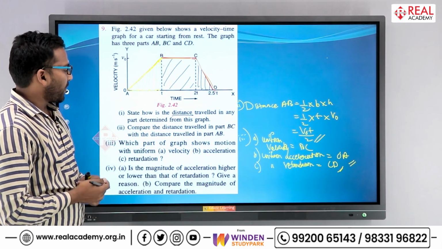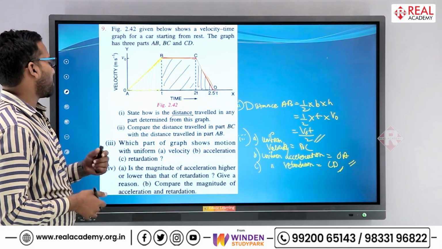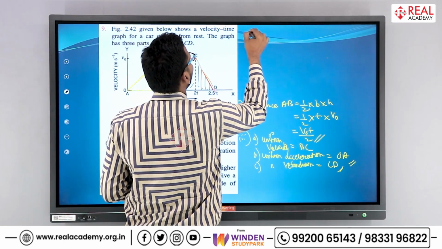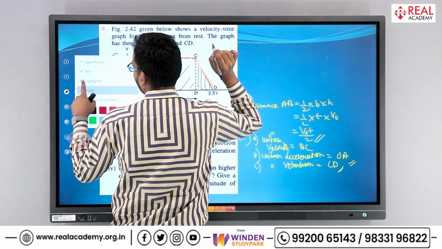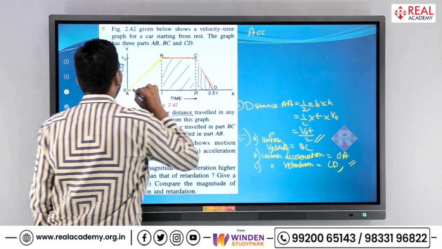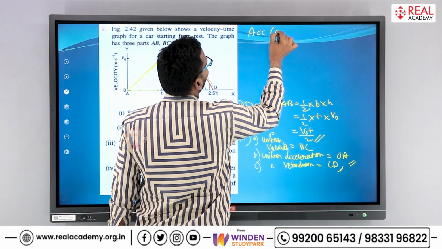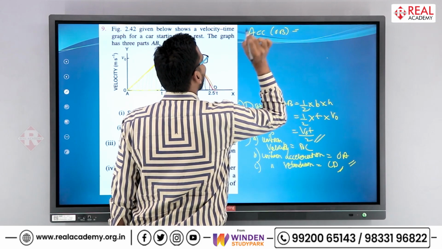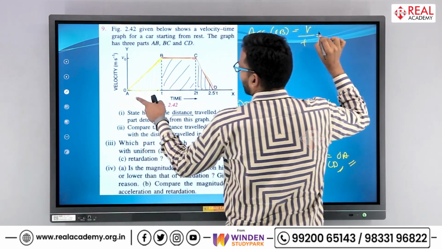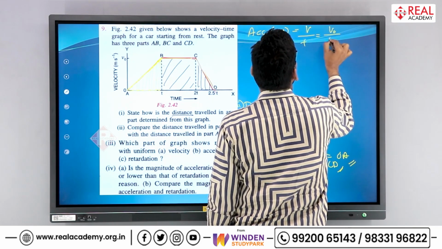Okay, is the magnitude of acceleration higher or lower than that of retardation? First of all, let us try to find what is acceleration. Which part is showing acceleration? That is OB. What is the formula for acceleration? Velocity upon time. The velocity over here is V naught and the time is t.